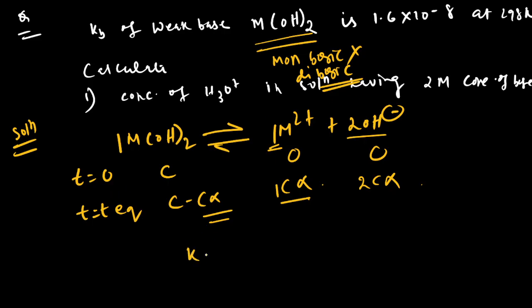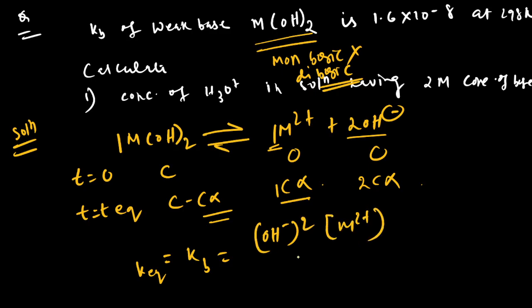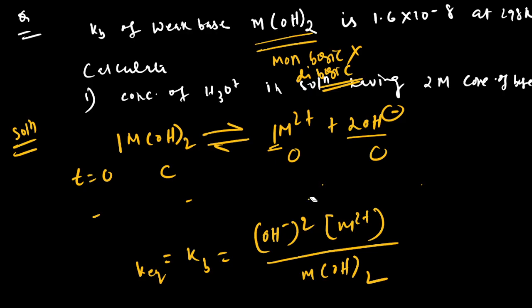For this, K equilibrium will be the concentration of products divided by the concentration of reactants. So the concentration of products is OH minus squared and M2 plus, and the reactant is MOH2. Oh sorry, this is at T equal to T equilibrium. This is C minus C alpha, this is C alpha, this is 2C alpha.